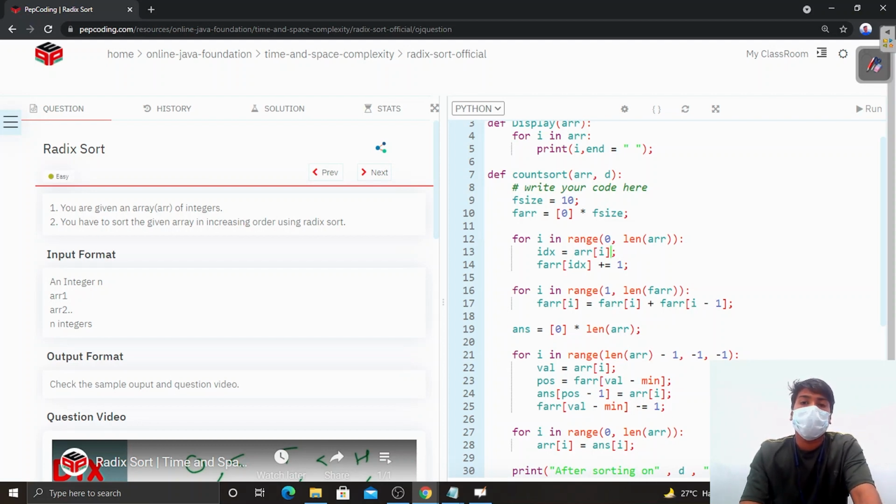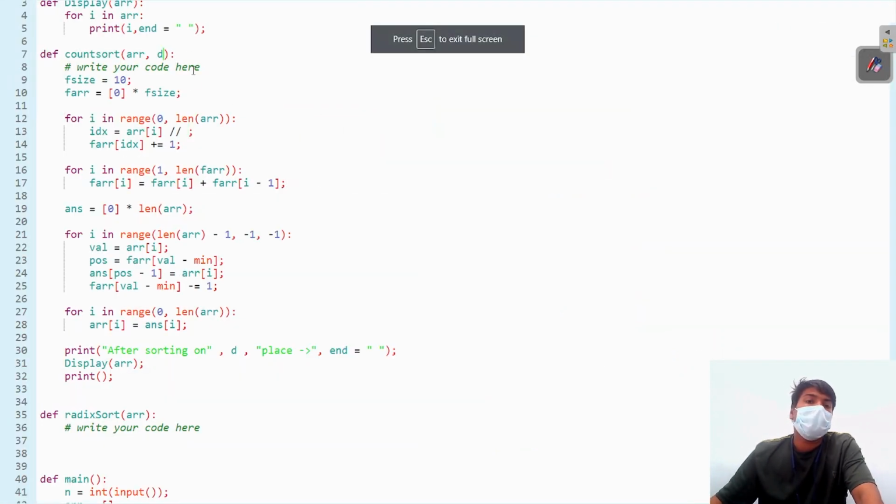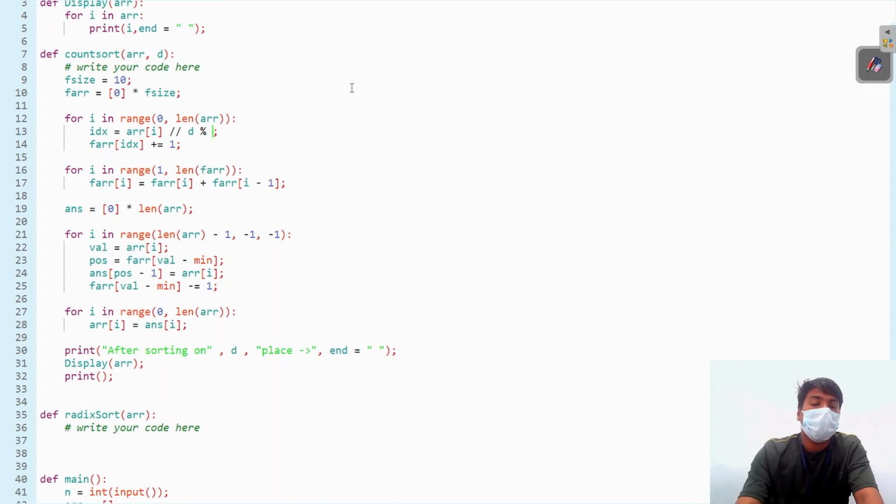But here, will it be the element only? No. What we need to do is divide it by d, the d that is given, which is the divisor by which we need to divide. So divided by d and modded by 10. This is how you will get a specific place digit. It is done.